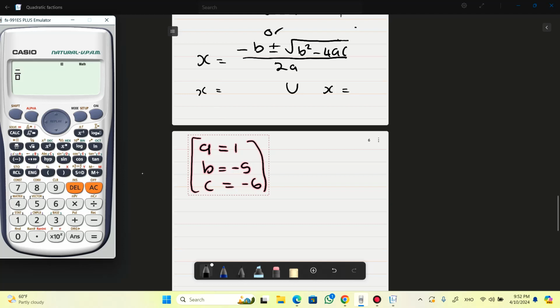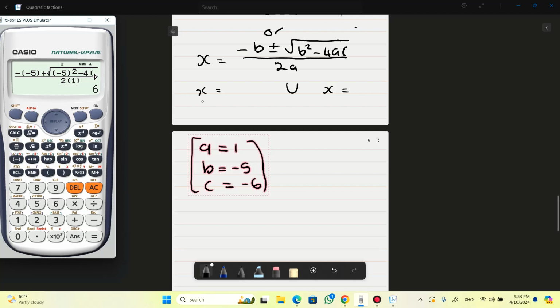My b is negative, so I'll put negative 5 in a bracket. Then I'm going to start with the positive, then say square root of my b, which is negative 5, squared, and then minus 4 times a, which is 1, times my c, which is negative 6, so I put the negative 6 there, and then divide everything by 2 times my a, which is 1, right?